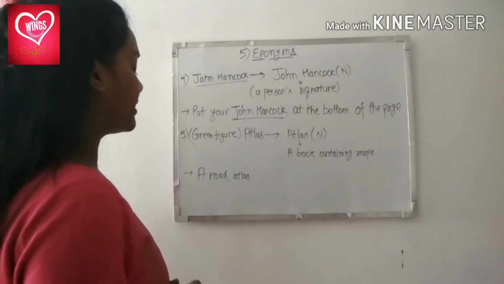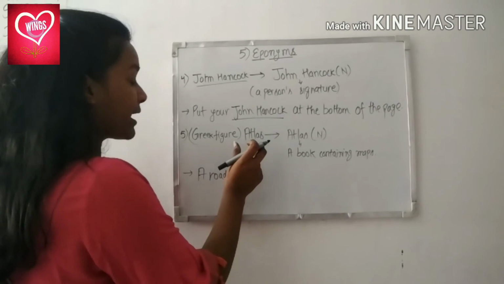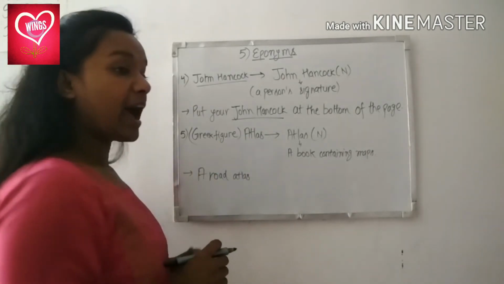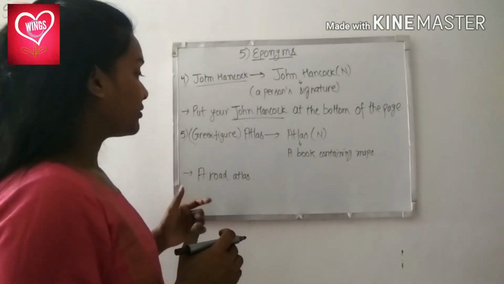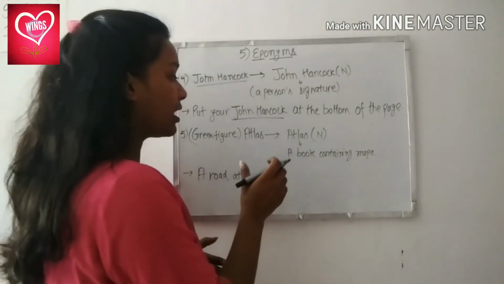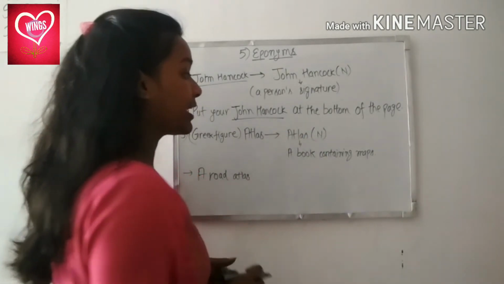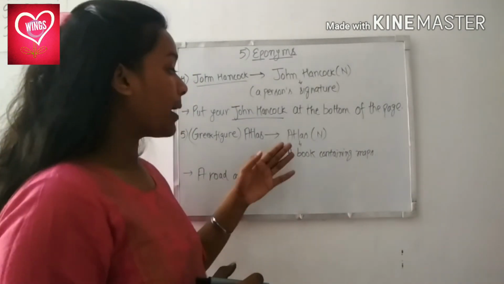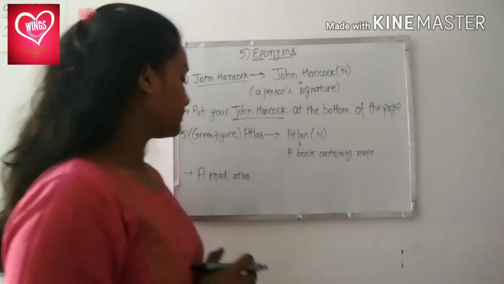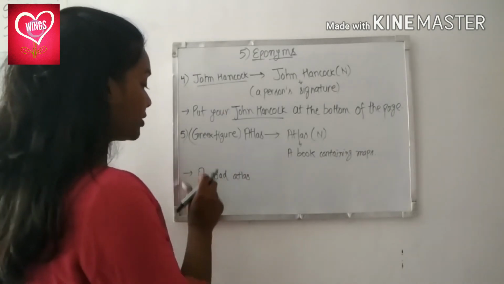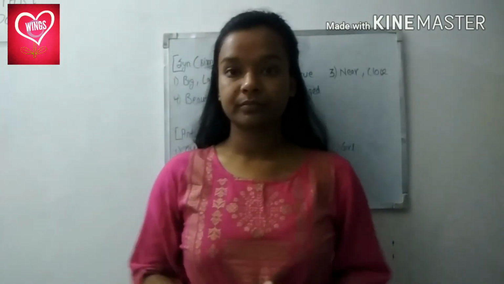The next one is Atlas. Atlas is a Greek figure, and from his name we have derived the word atlas, which is a noun and it means a book containing maps. For example, a road atlas.